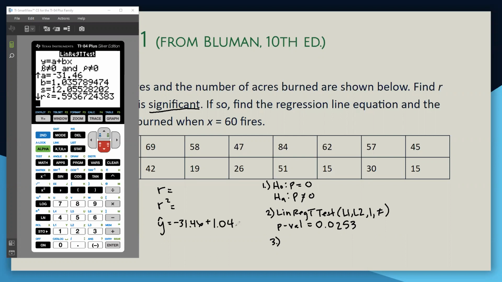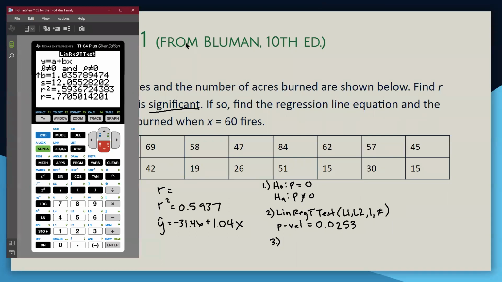I'm going to round that to 4 decimal places since it gave us the other value to 2 decimal places, y equals a plus bx. I see my r squared, 0.5937 rounded. And if I go down one more, it should show me that correlation coefficient. And it does, 0.7705.